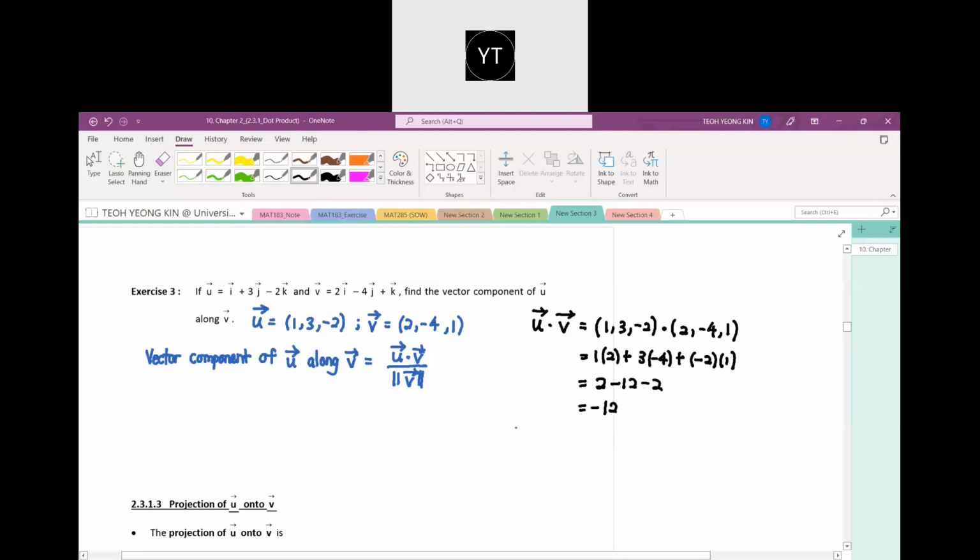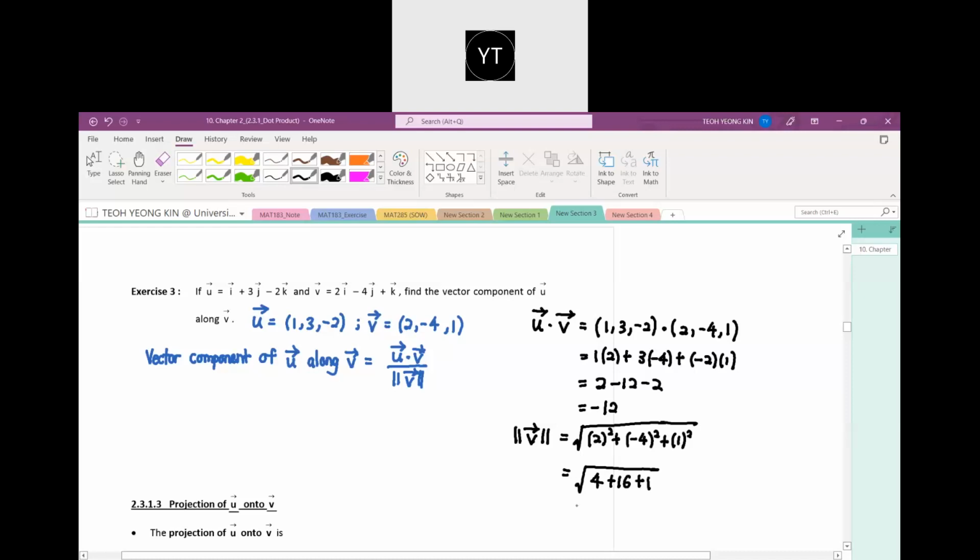Next, we try to find the magnitude of vector v. The magnitude will be the square root of 2 squared plus negative 4 squared plus 1 squared. 2 squared is 4, plus 16, plus 1.